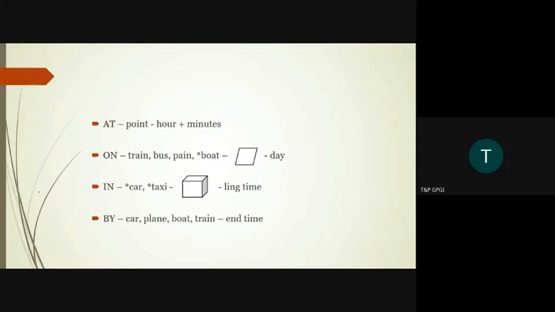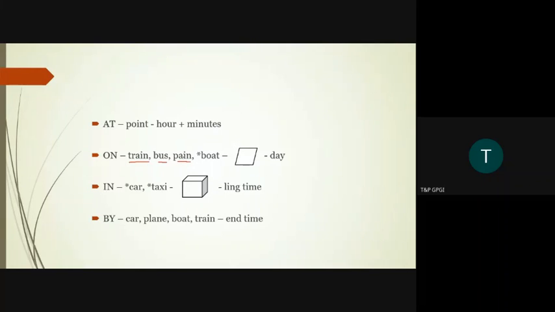Next one we have on. On is used for large vehicles or large ways of traveling, such as trains, buses, planes. Over here I've written trains, buses.